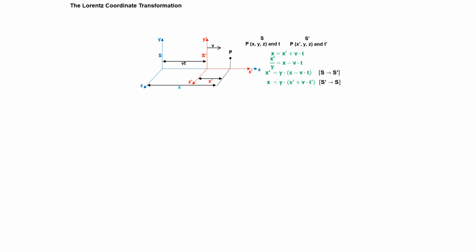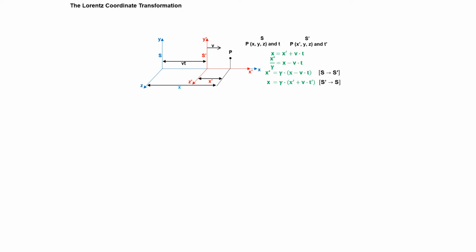If the S' frame has a positive velocity relative to an observer in the S frame, then the S frame has negative velocity relative to an observer in the S' frame. This equation is also known as the inverse Lorentz transformation for the x-coordinate.